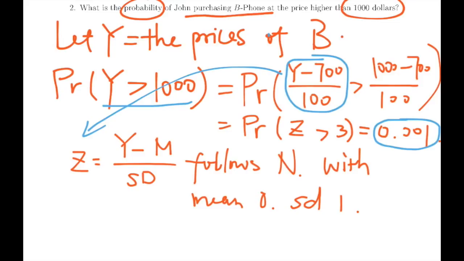Okay, so this is how you find the probability of a normal distribution. And remember that you can always convert a general normal distribution to a standard normal distribution by using the z-score formula.